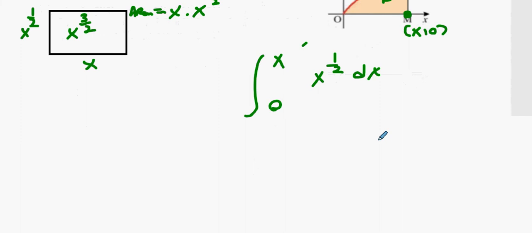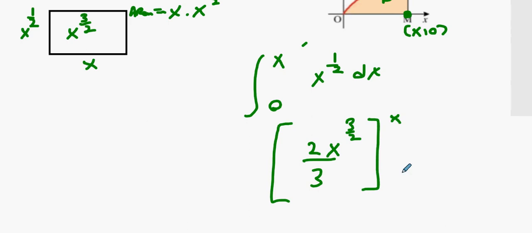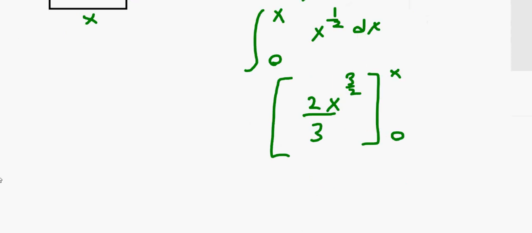This should be reasonably easy. Add 1 onto the power, Carl, what do you get? Turn that power upside down. 2/3 x to the power 3/2 from x to 0. Oh yeah, we're grand. First part is going to stay as 2/3 x to the 3/2, and then it's going to be minus 0, isn't it?